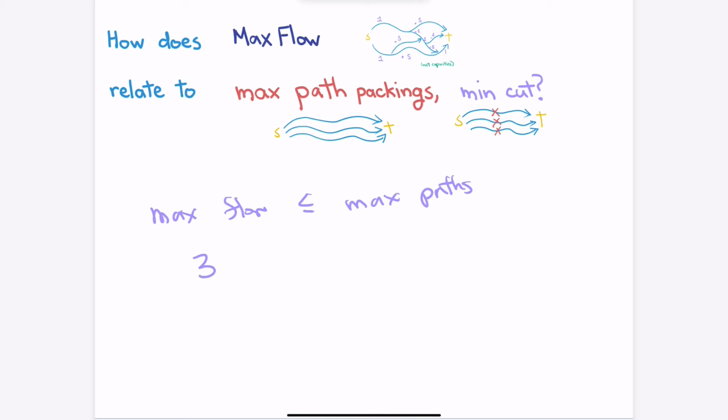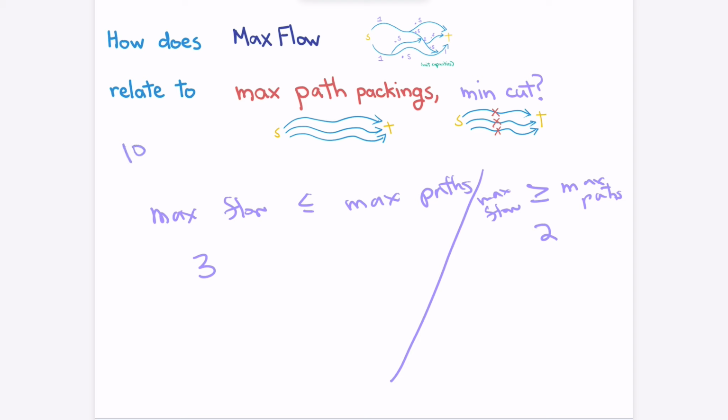Oh, we'll find out who's not voting. Who thinks that max flow is greater than or equal to max paths? Okay. Who wasn't planning to vote the entire time? And the rest of you, what happened?